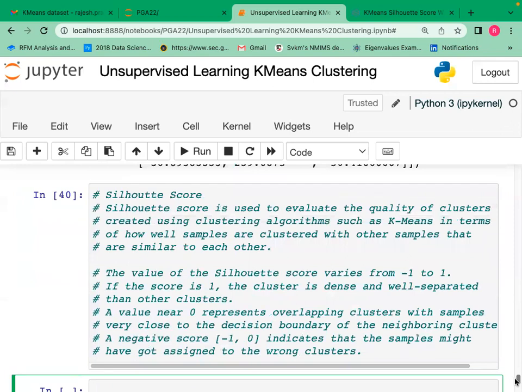One means well separated clusters. 0 means overlapping clusters. -1 means samples assigned to the wrong cluster. So Silhouette score is a method to find cluster formation.